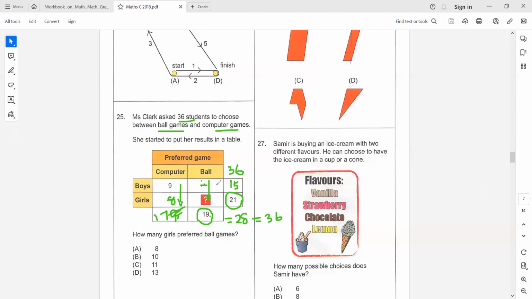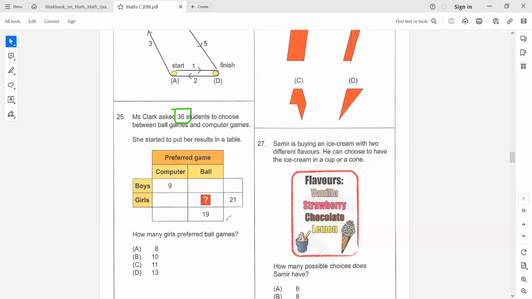Can you draw it in your book? I just did half because we find the pattern. It's called a magic square. Filling the numbers across and up and down, right? And the total is 36. We are going to fill it.